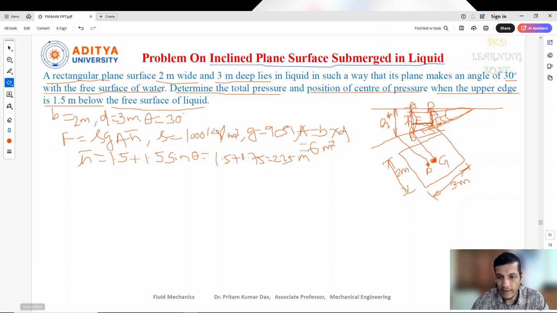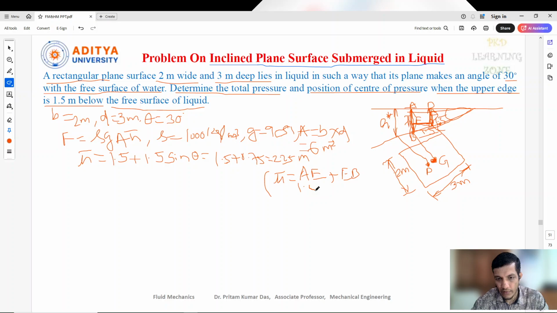Or else we can write h bar equal to AE plus EB. See the marking we have given here: this is the distance AE, plus EB. AE is already given, 1.5 meter as I told you initially.